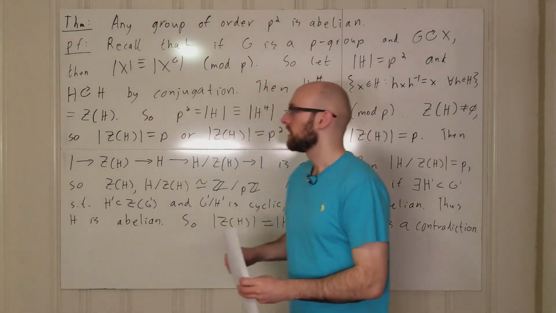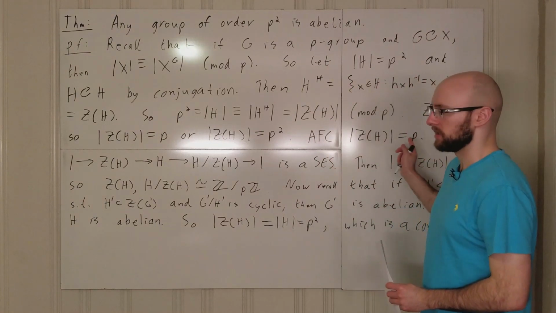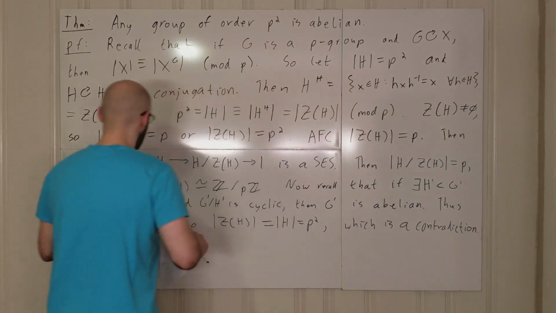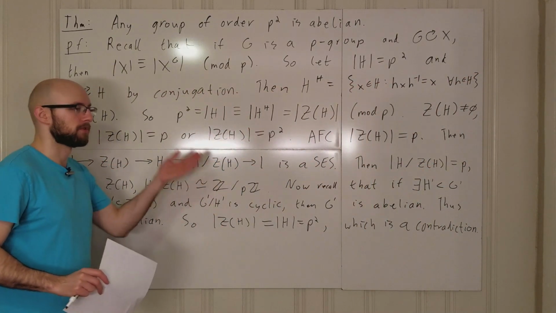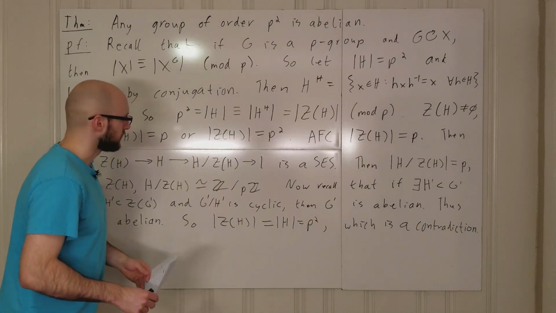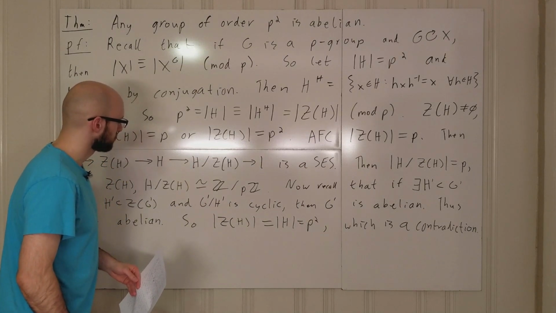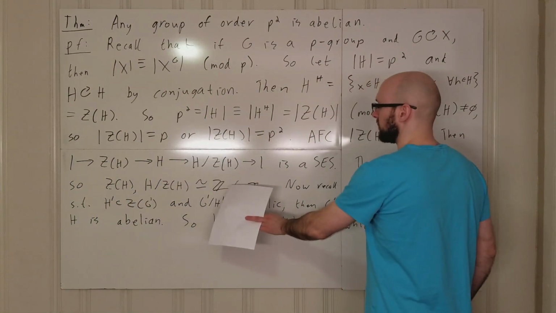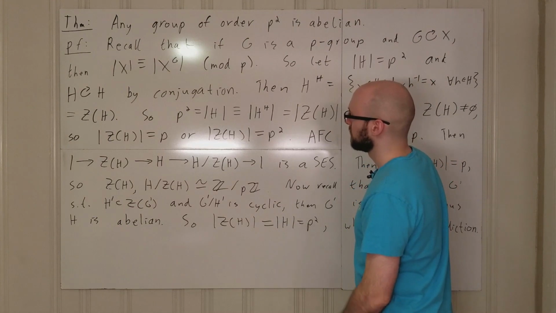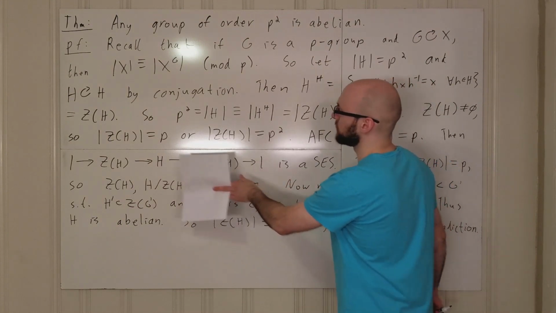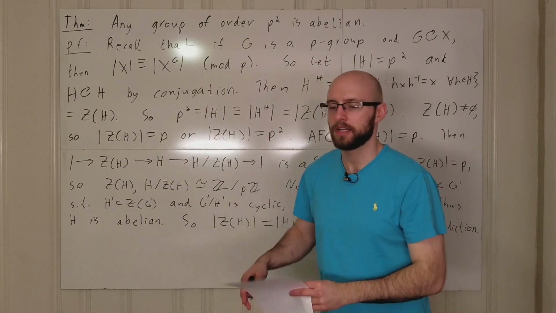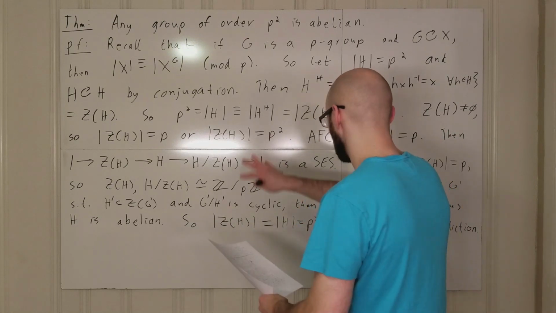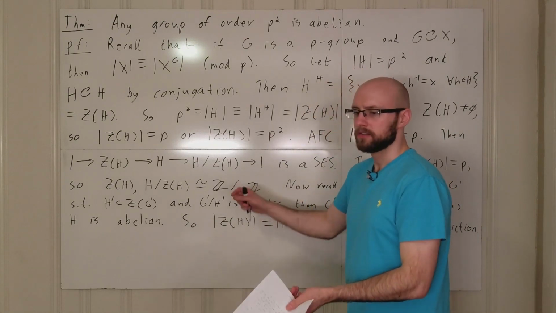But we really did have to assume for contradiction that this is equal to p, because this argument relies on the fact that H mod Z(H) is isomorphic to Z mod pZ, and you might be able to prove this even without assuming this. But I didn't take the time to think of it, and it's certainly not obvious to me.